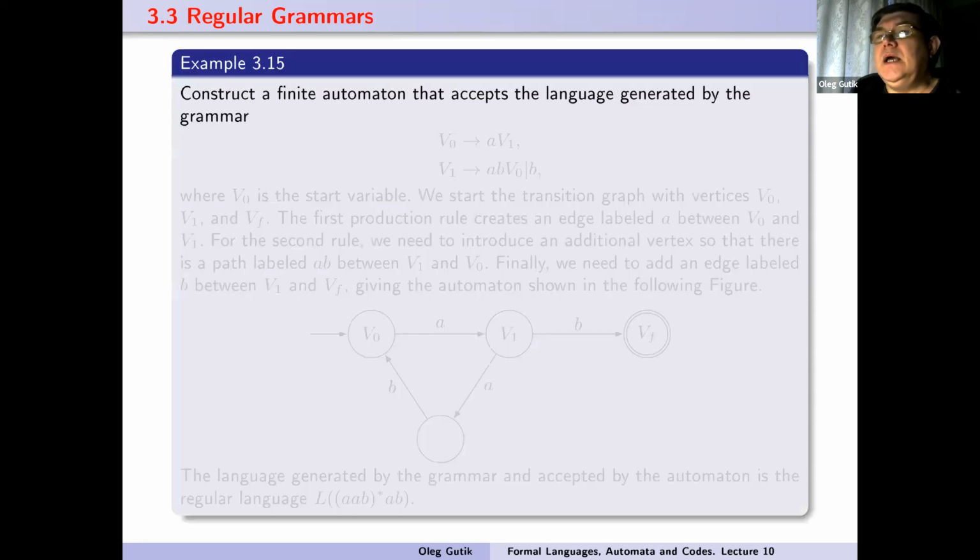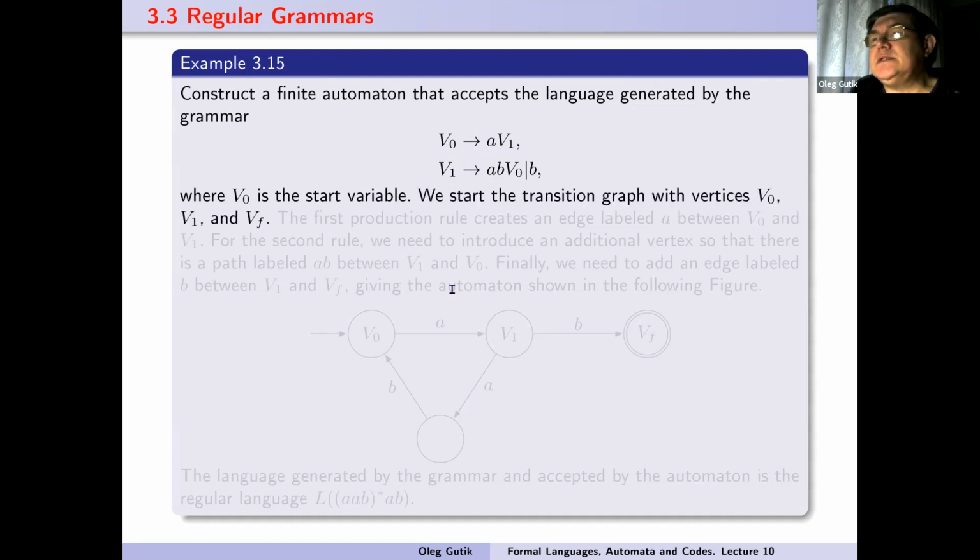Example. Construct a finite automaton that accepts the language generated by the following grammar. V_0 derives V_1, V_1 derives AB V_0 or V_1 derives B, where V_0 is the start variable.